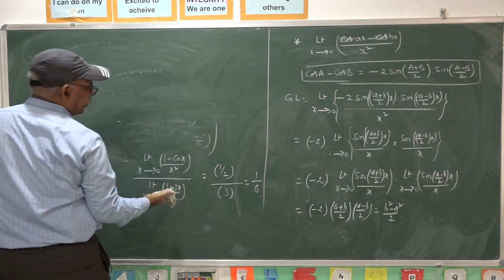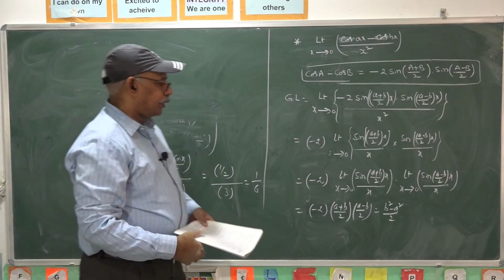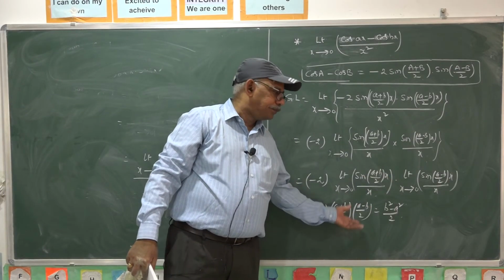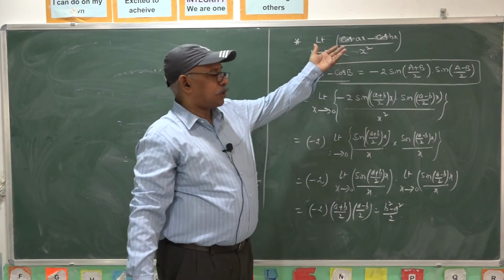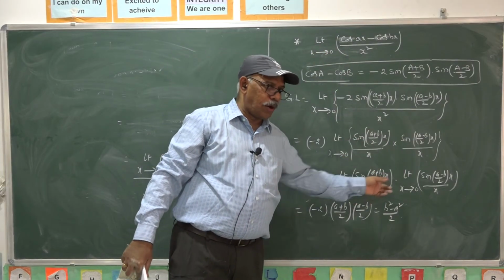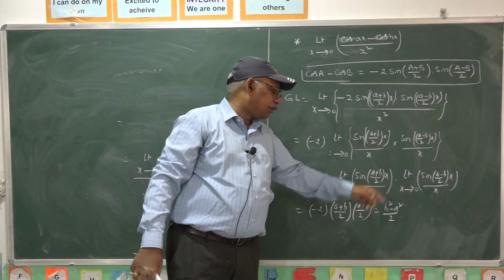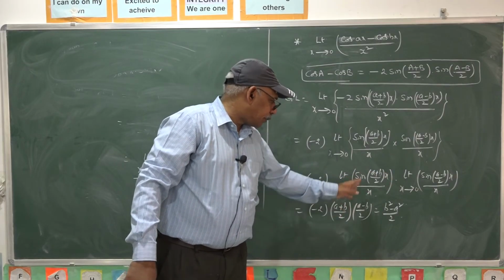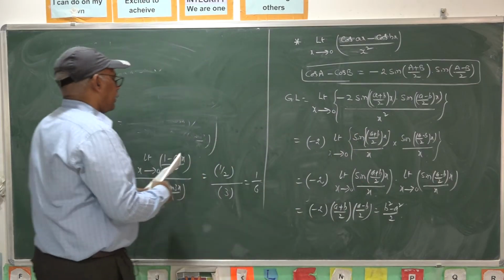Actually, these are immediate consequences of the formula sin ax by x is a. That should be observed. The total function is reduced to the known formula, and you can apply that formula. By applying that formula, you can evaluate the limit. That is the procedure here.